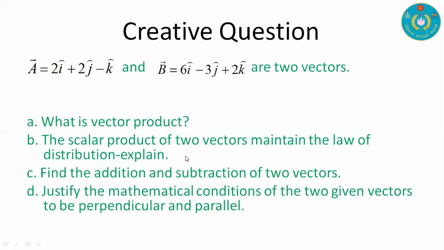By using distribution law, we can write the scalar product a into u dot v is equal to au dot av.